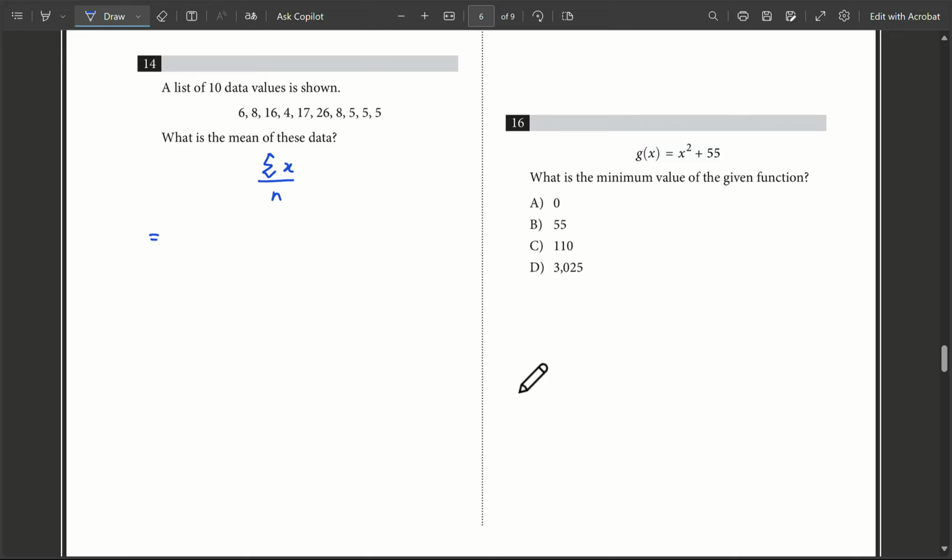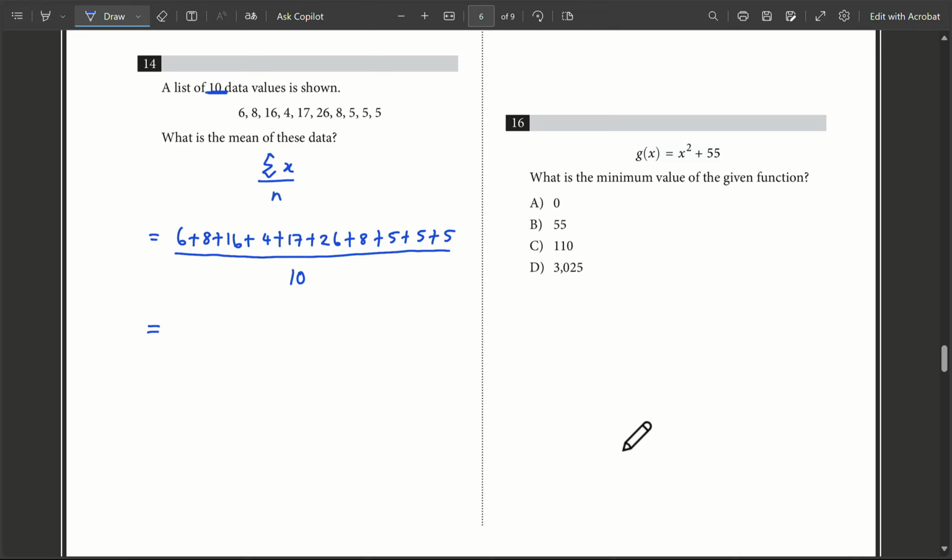So we're going to add 6 plus 8 plus 16 plus 4 plus 17 plus 26 plus 8 plus 5 plus 5 plus 5. And we're told that it's 10 data values. So we are going to divide the sum by 10.